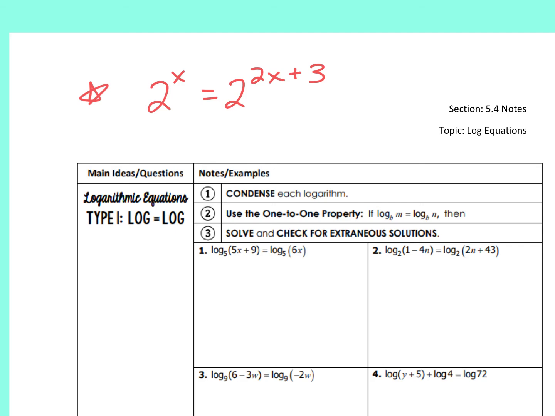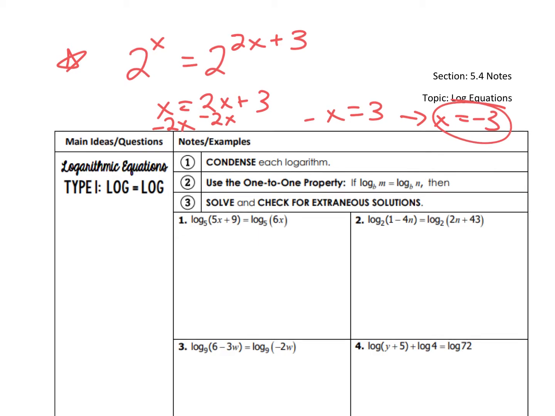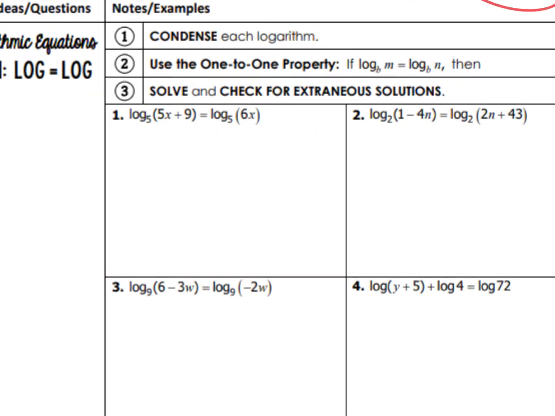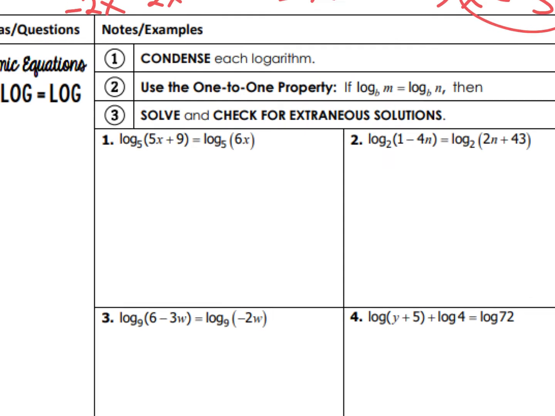You with me? So I could set x equal to 2x plus 3. Solve that. Subtract 2x, negative x equals 3. So x would be negative 3. And that's it. I was done, right? I would need a real quick check for extraneous solutions, but we'll talk about that later on. But this is going to be the same idea.